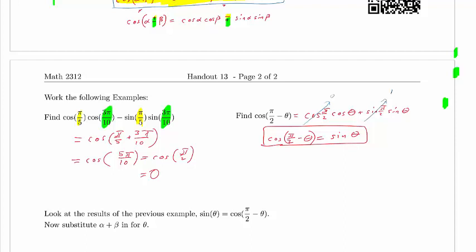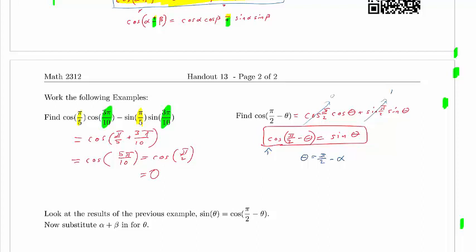All right, so we're going to go ahead and make a substitution to show something else here. We're going to let theta equal pi over 2 minus alpha. All right, so we're going to be plugging that into this equation right here.